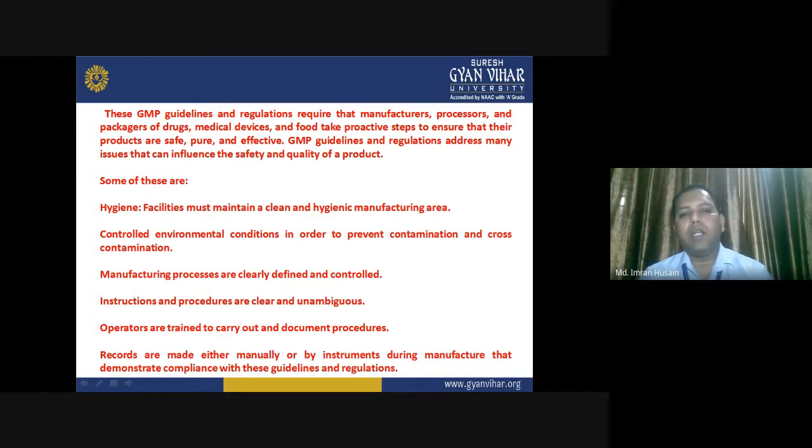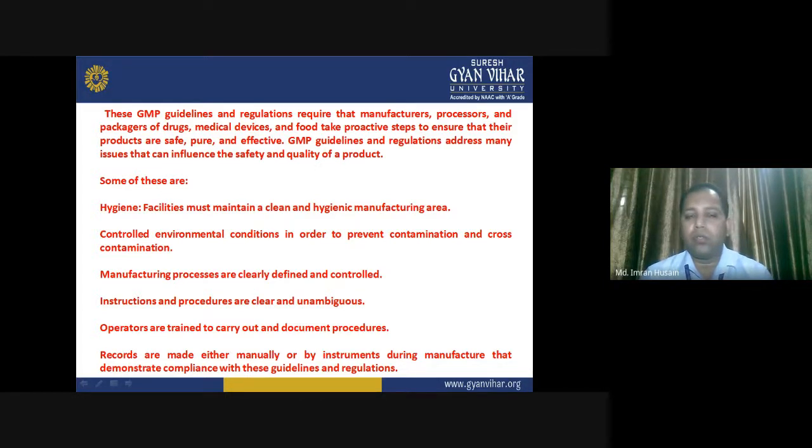Hygiene facilities must be maintained, a clean and hygienic manufacturing area, with controlled environmental conditions in order to prevent contamination and cross contamination. Manufacturing processes are clearly defined and controlled. Everything is transparent. Everything is clean. Instructions and procedures are clear and unambiguous.